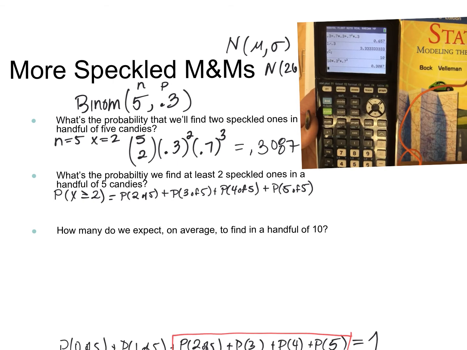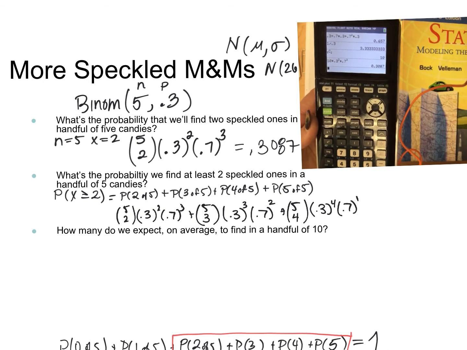Okay, so I could do this the long way. I just set up the long way for you so we can appreciate the shortcut. 5 choose 2, 0.3 squared, 0.7 cubed. 5 choose 3, 0.3 to the third, 0.7 squared. 5 choose 4, 0.3 to the fourth, 0.7 to the first.